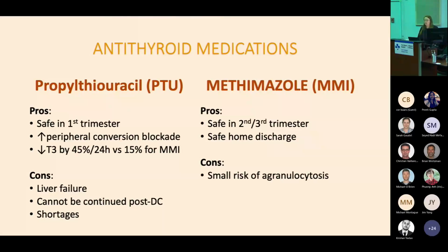In addition, early research into acute changes in thyroid hormone level after initiation of PTU or MMI found that T3 levels drop by approximately 45% in the first 24 hours of PTU therapy, compared to approximately 10 to 15% in the methimazole group. However, PTU does have some disadvantages in that it is associated with a high proportion of liver failure and is not continued upon discharge from hospital.